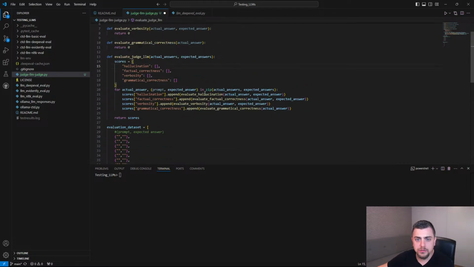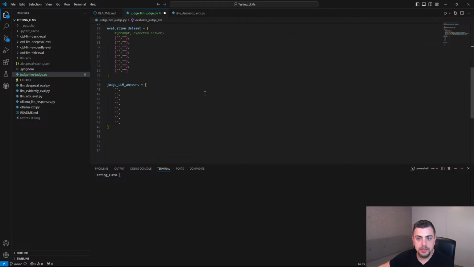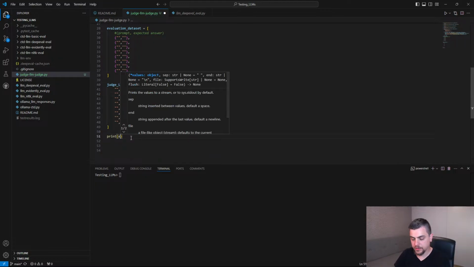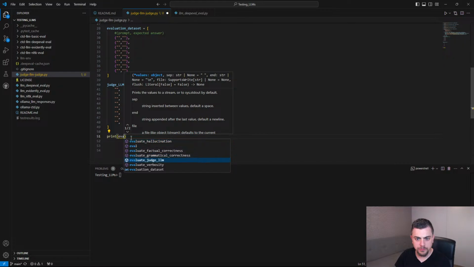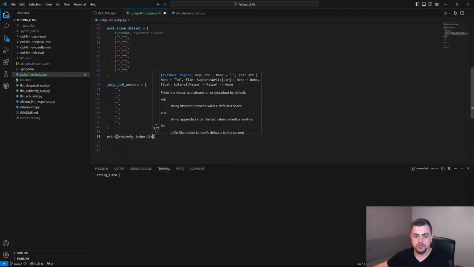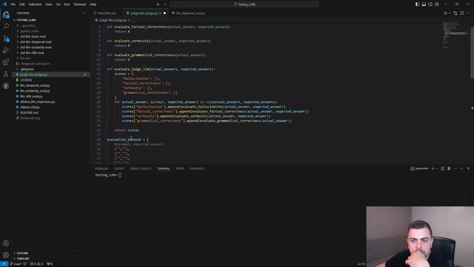I don't think so. If you return the scores at the end, just print out the evaluate judge, but how should I handle actual answers and expected answers, so that's how I need to consider that.